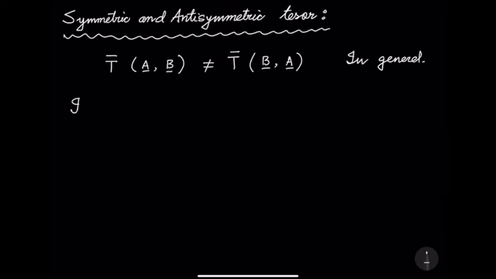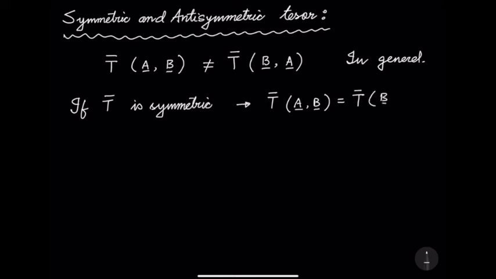We call T to be symmetric when this is true, which is T(A,B) equals T(B,A).